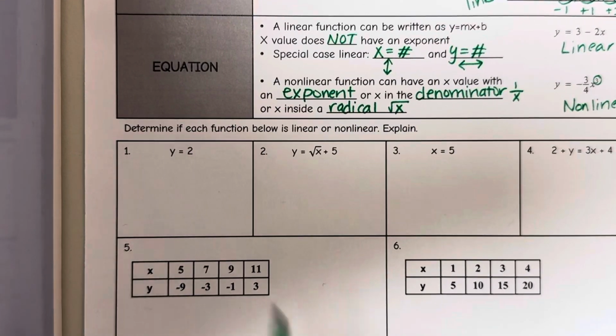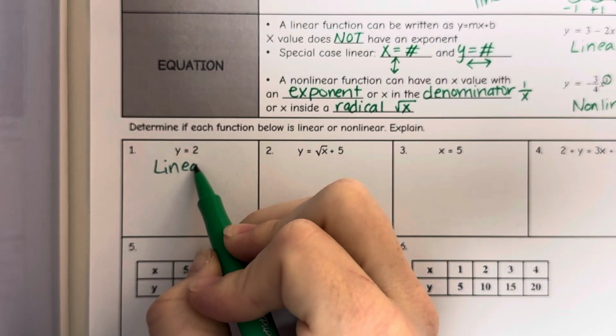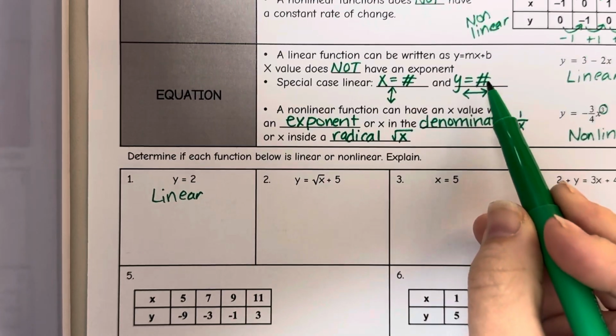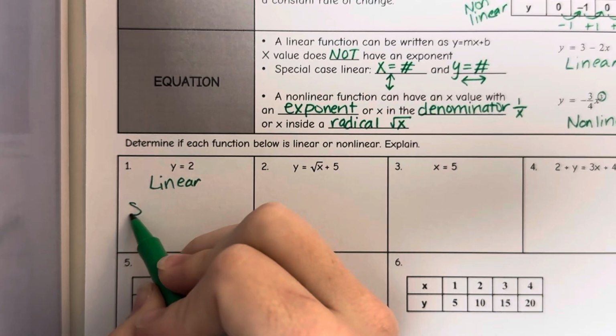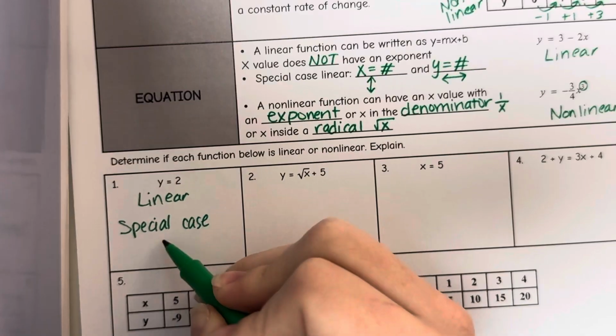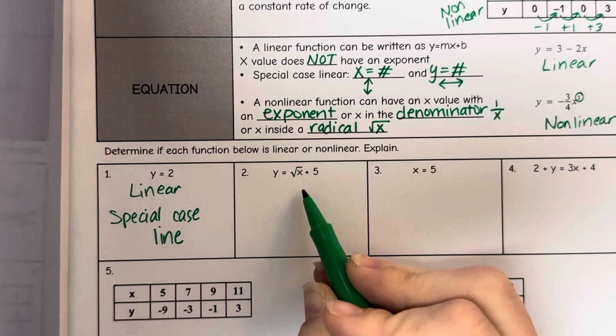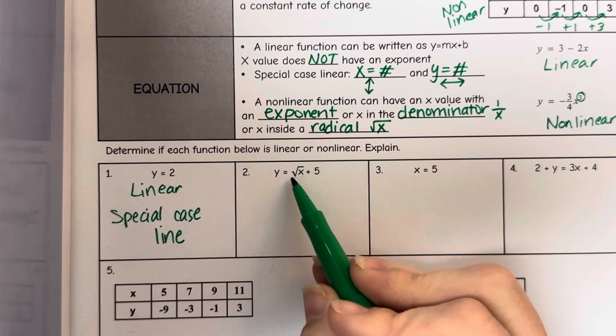So let's look at number 1, y equals 2. This is linear, and the reason why is it's one of these special case lines. Number 2, I'm looking here at y equals square root of x, that's a radical, plus 5.